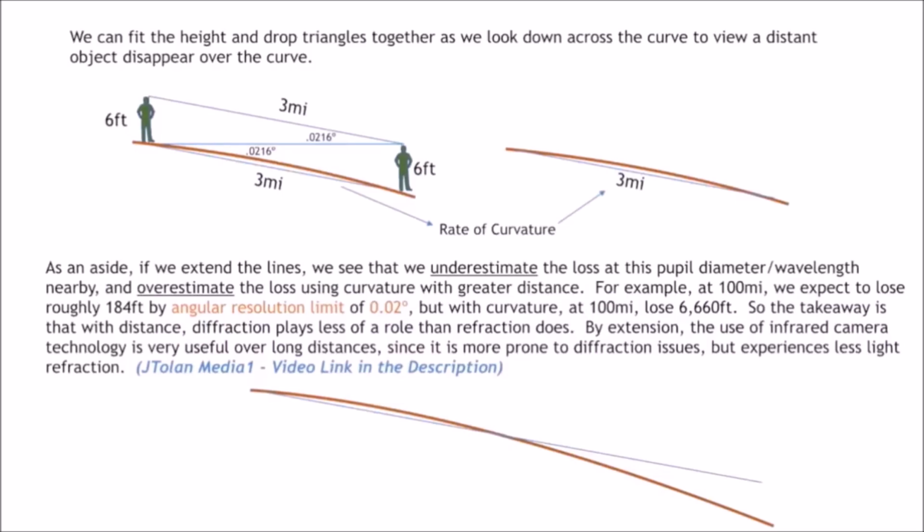feet at 100 miles. By extension, the use of infrared camera technology is very useful over long distances, since it is more prone to diffraction issues but experiences less refraction at the same time.